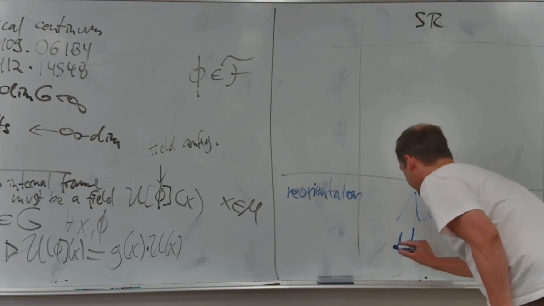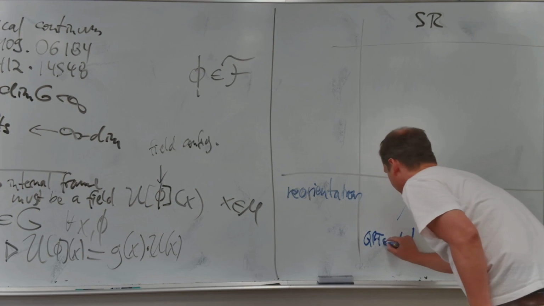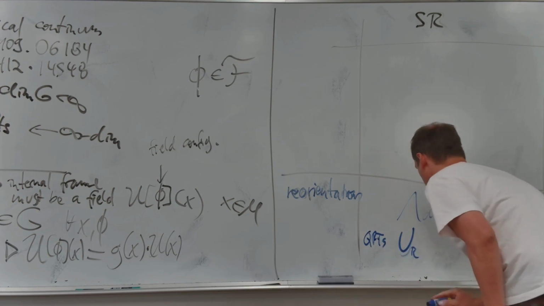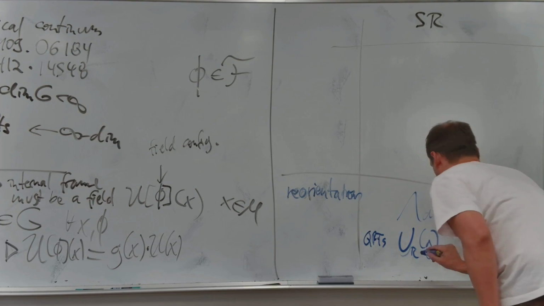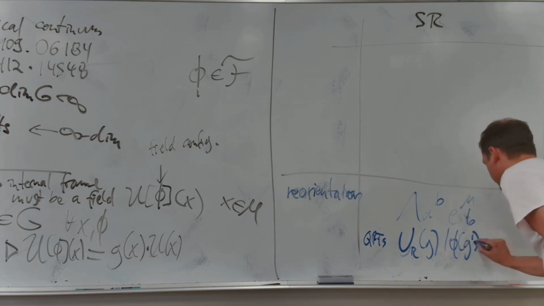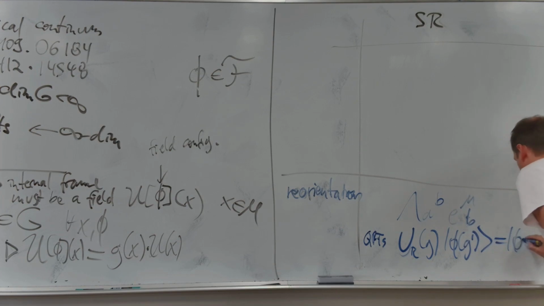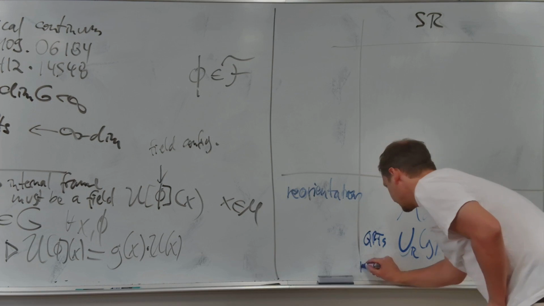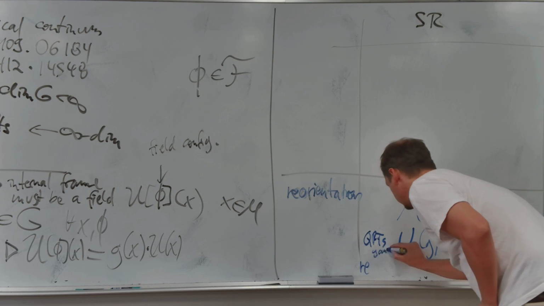We had for QRFs that gauge transformations have the property that they act by left multiplication in the convention that I've chosen. So this is gauge here.